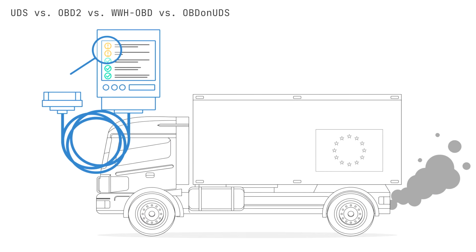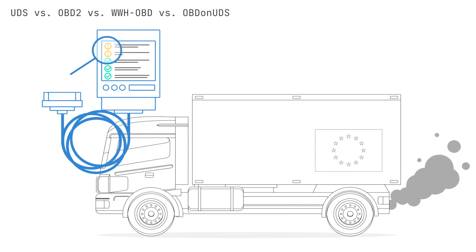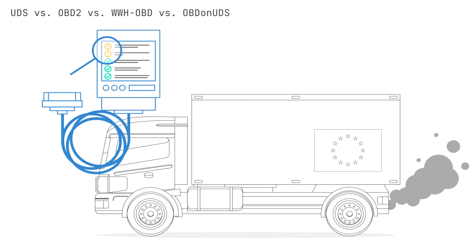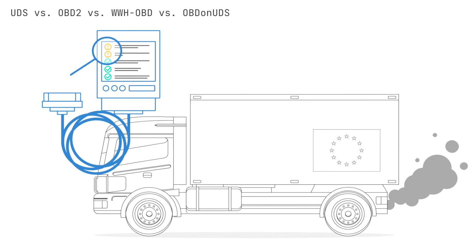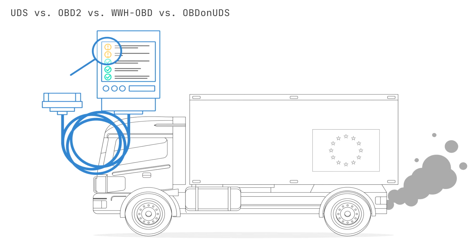First, let's look at WWH-OBD. WWH-OBD is a global standard for vehicle diagnostics developed by the UN under the Global Technical Regulations (GTR) mandate. It aims to provide a single, future-proof alternative to the existing OBD protocols like ISO-OBD, SAE-OBD, and HD-OBD.